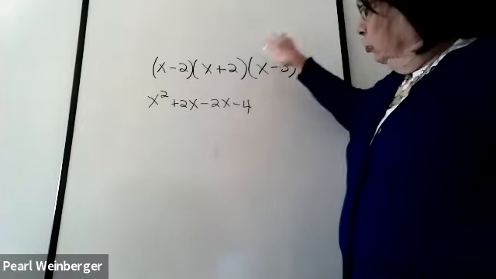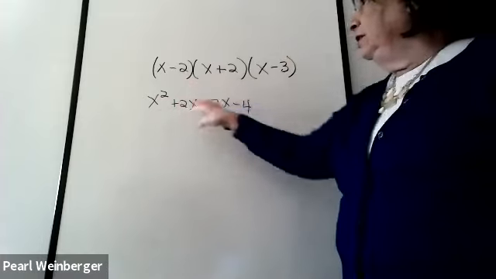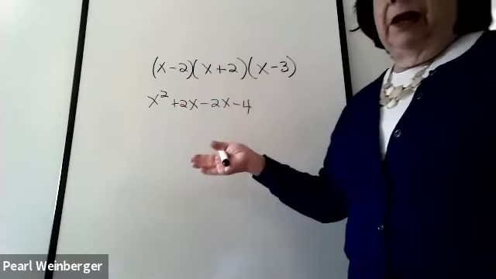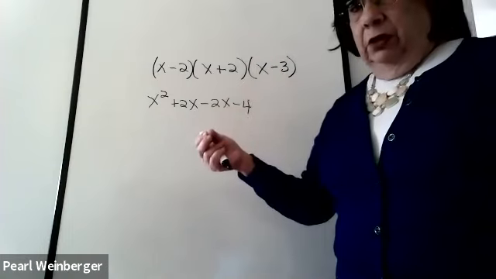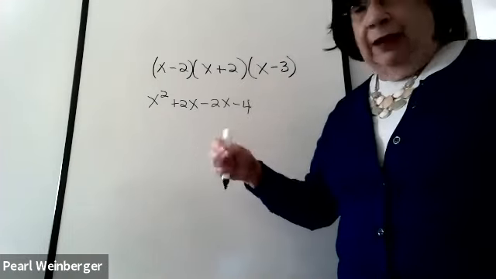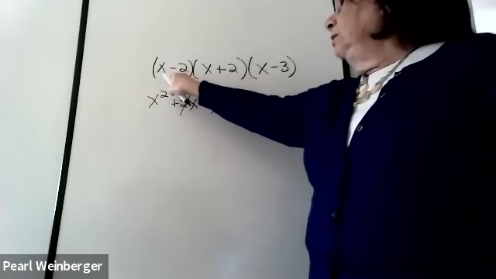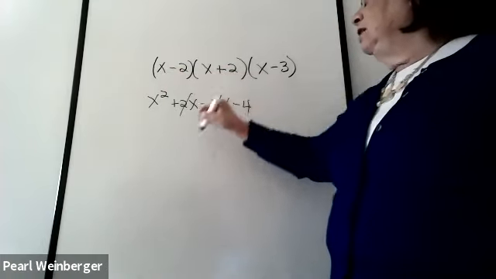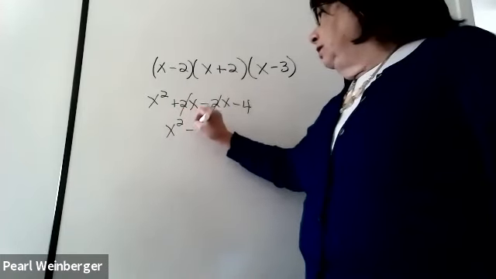So I'm ignoring this x minus 3. I'm just multiplying these together. I'm going to combine the like terms. The +2x and the -2x have the same coefficients but opposite signs, so they cancel each other out. So when I multiply the x minus 2 times the x plus 2, I get x squared minus 4.